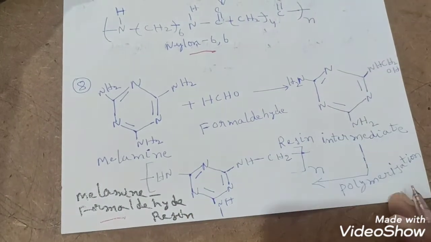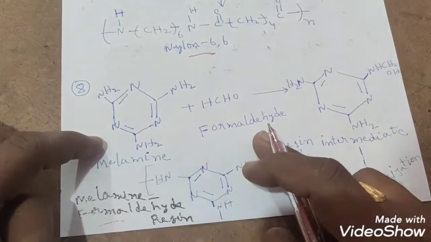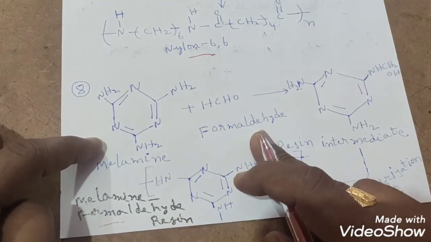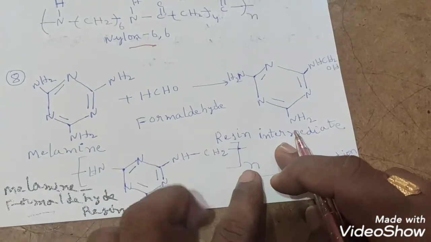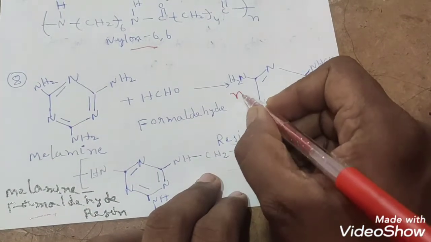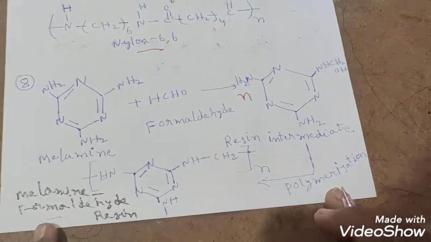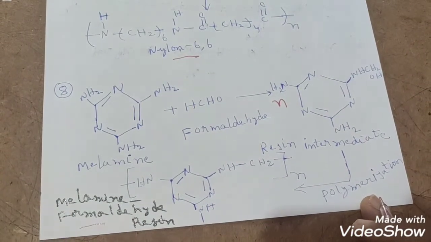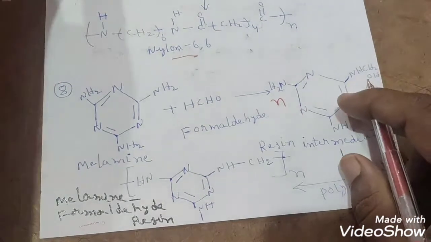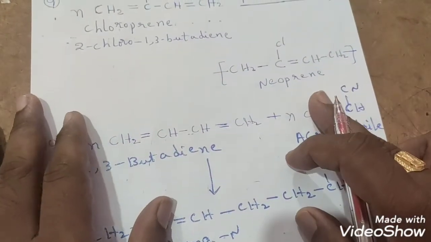Melamine formaldehyde resin came from melamine monomer and formaldehyde monomer, right? First it will form a resin intermediate. This resin intermediate will undergo polymerization, n moles, and it gives melamine formaldehyde resin, right?